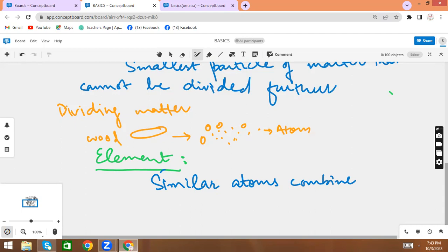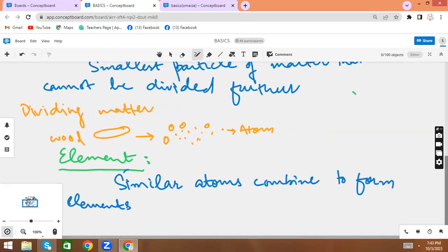So that is the element. It's just an example. Other examples are rocks. They are a combination of small particles, small atoms, that combined and formed those big rocks. That may be of calcium, that may be of magnesium, all those are elements. Okay, so similar atoms combine to form elements.